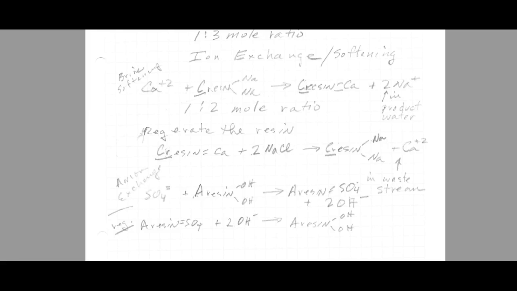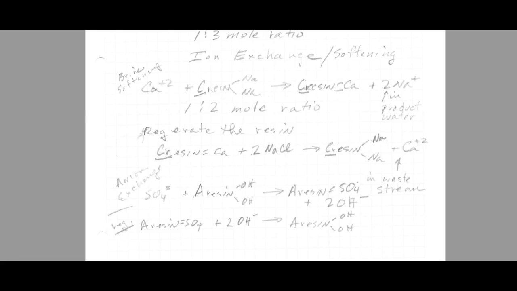Now for ion exchange, usually you have anionic resins and cationic resins. You can think of the anions as being negative, and the word anion is kind of flat. And the cations are the positive, and they have a little plus in the middle.